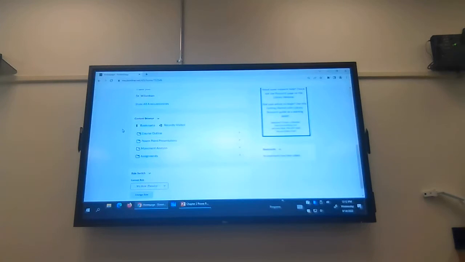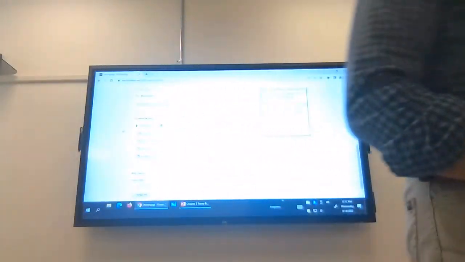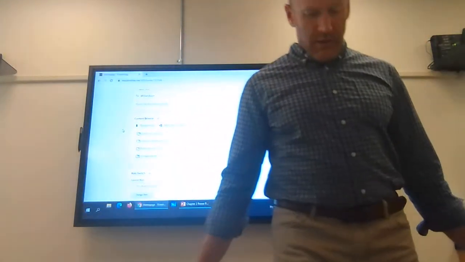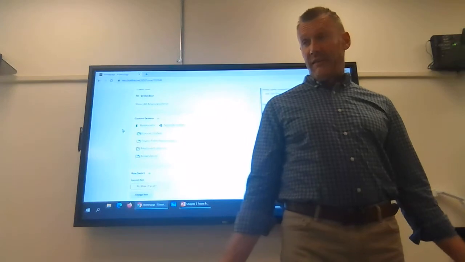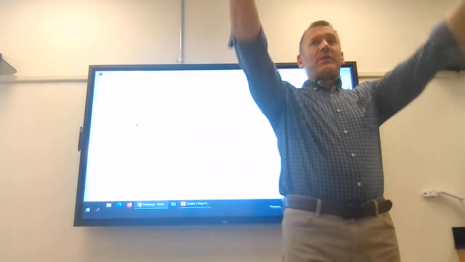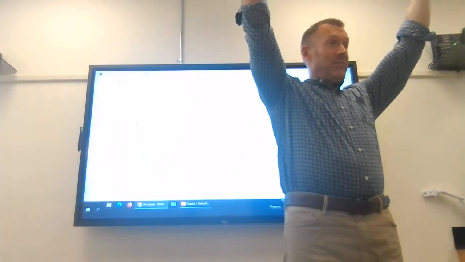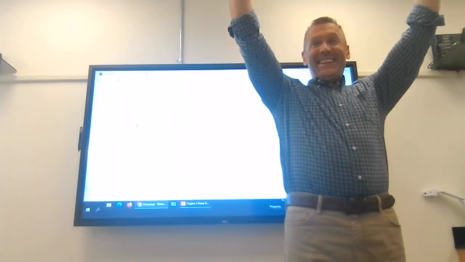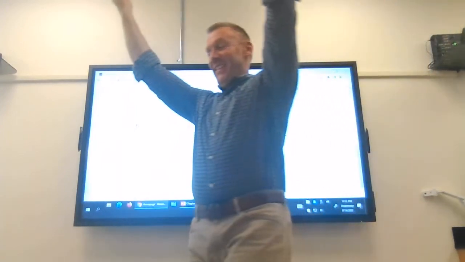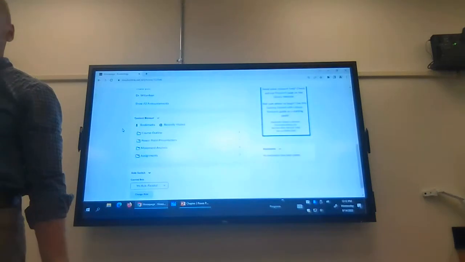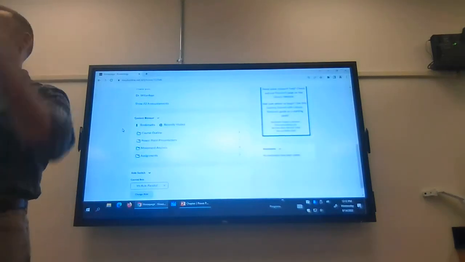Okay, so let's have a little bit of review. So let's talk about joint actions. If I'm in the anatomical position and I do this with my shoulder joint, what would that joint action be? Yes, flexion.